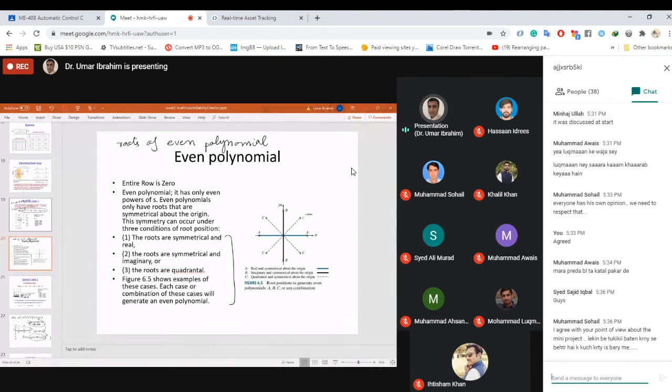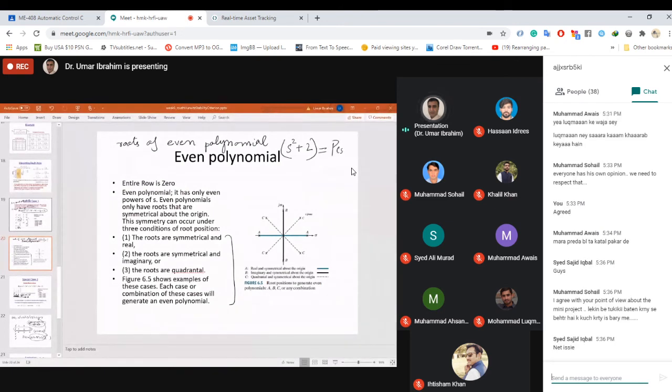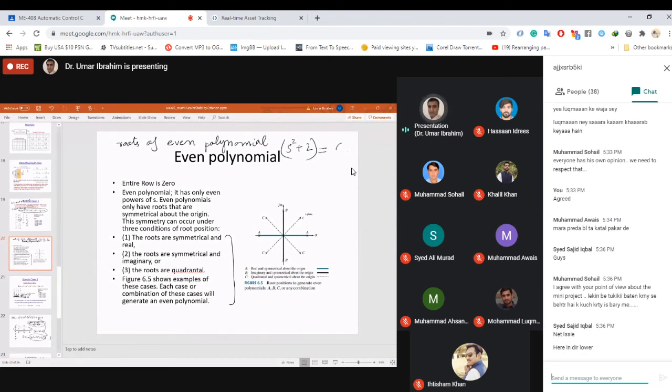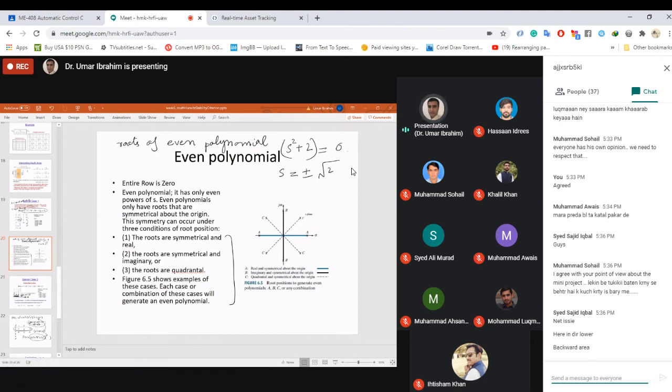In other words, let's suppose I have an even polynomial like this: s squared plus 2, this is my even polynomial, p of s. Now, if you look at the roots of this p of s, if I make it equal to 0, then I have s equal to plus minus root 2 iota.